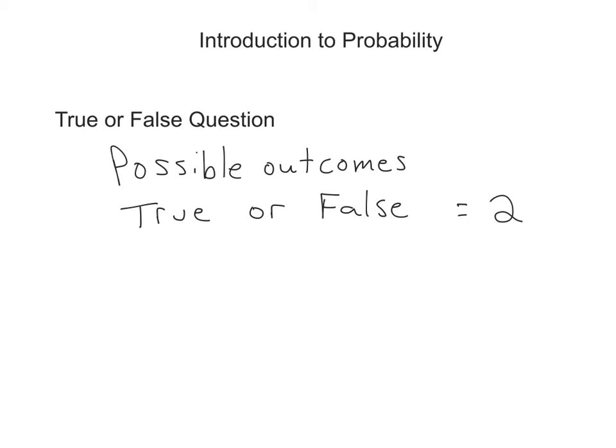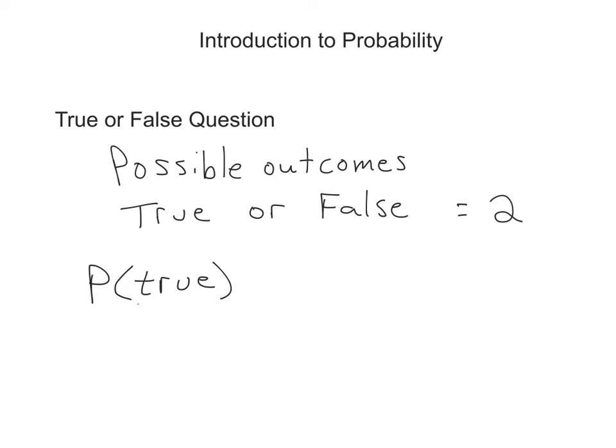Now, what we want to know is, what is the probability that during this event, the answer would be true? So we've got P for probability, and my event, right?